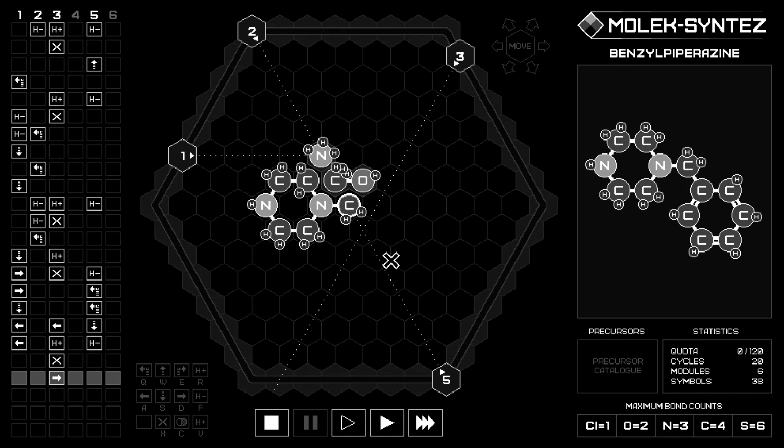I just have to put the benzene somewhere, and I think I can manage that. And there's space for it here. Or here, I think. Here is a bit tricky because it would be in the way of what 5 is already doing.